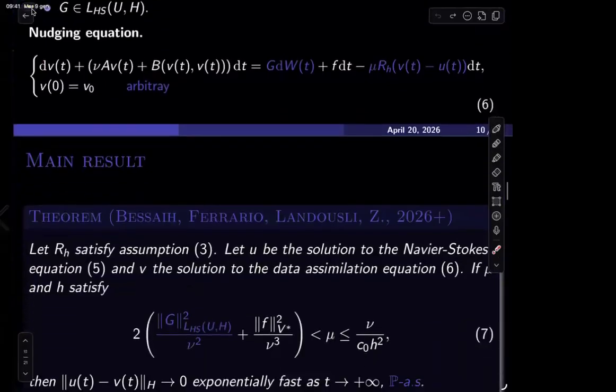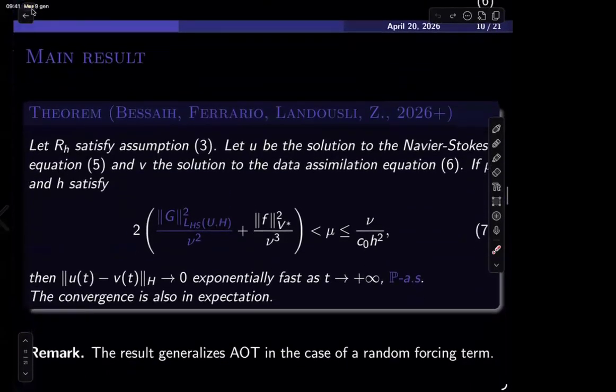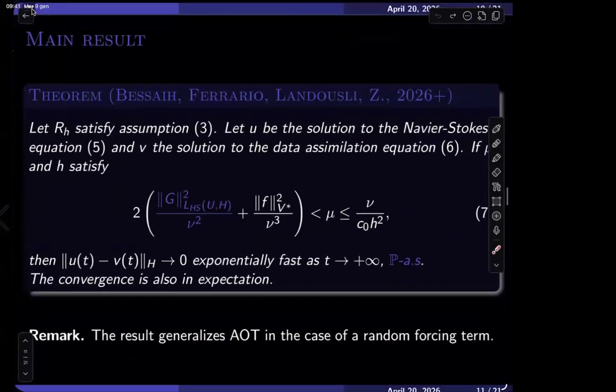So our result reads as follows. We suppose again to have an interpolant operator that satisfies the interpolant inequality. U is the solution to the stochastic Navier-Stokes equation, and V is the solution to the modified nudging equation.